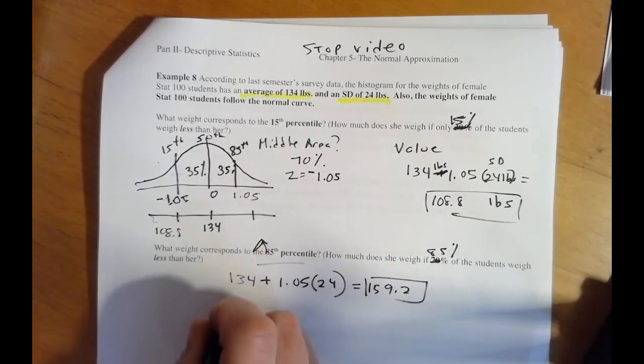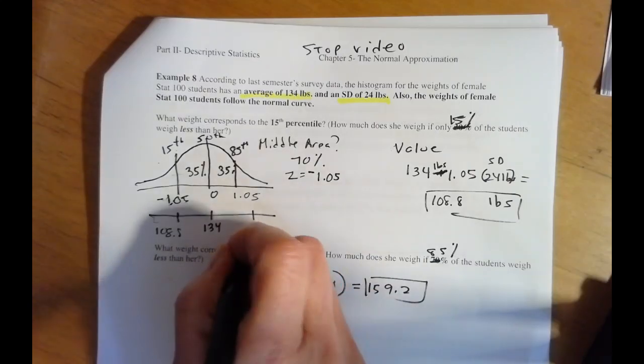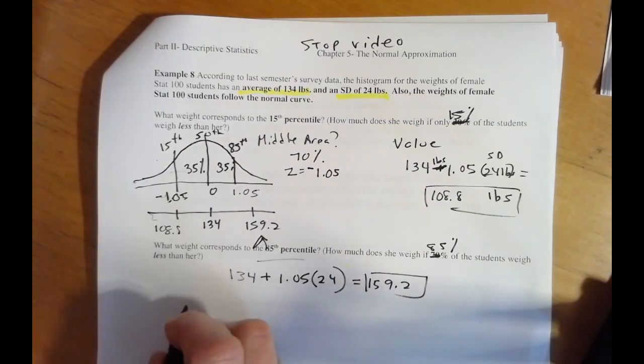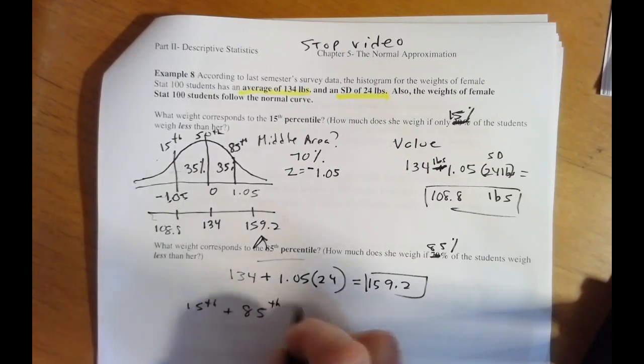It's the same picture, okay? So you put that in, 159.2. So I want you to note that the 15th plus the 85th percentiles is equal to 100, all right?